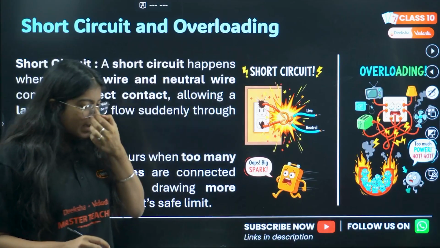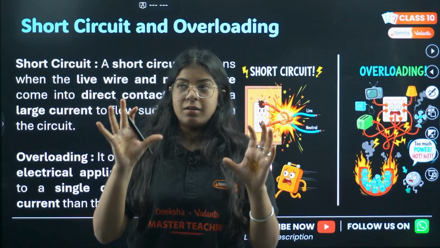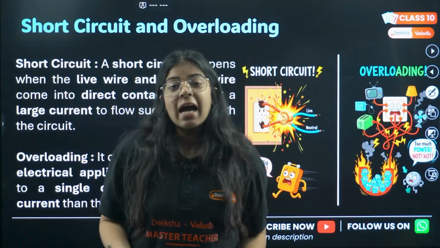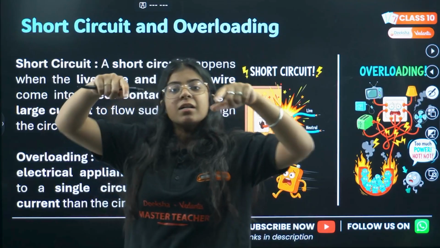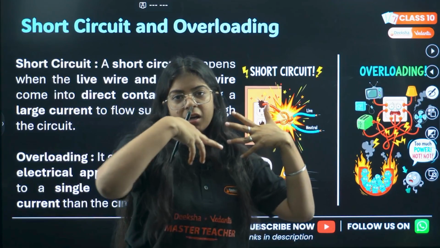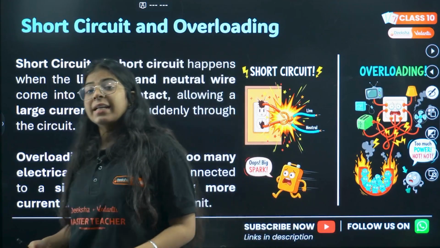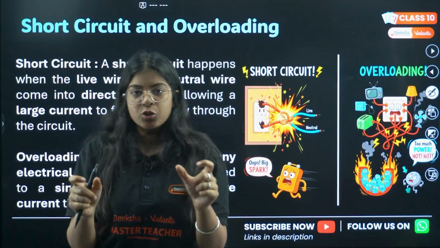So let's say this is my neutral wire and my red wire, my neutral wire and my positive wire. They are never connected to each other, okay? We connect a resistance inside it. What is resistance? Our charger, our appliances, our iron, cooler, AC. All these are connected between a live wire and a neutral wire.